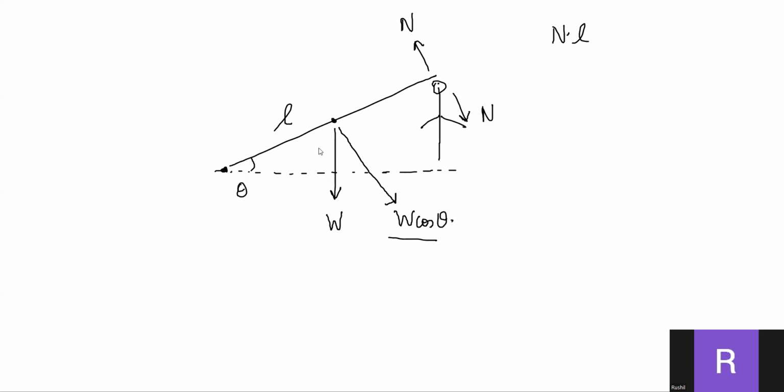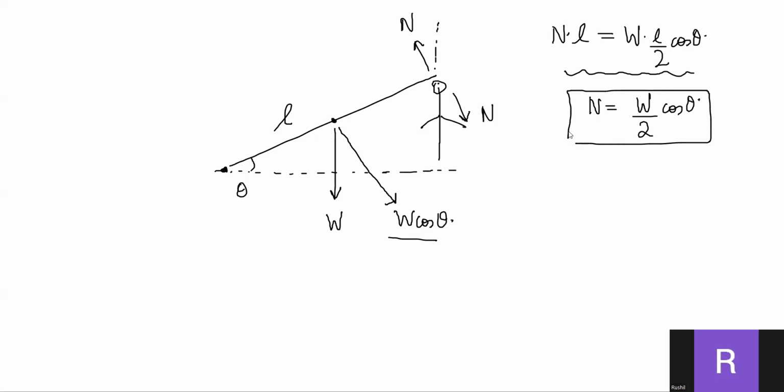Yeah. So you'll say NL should be equal to WL by 2 cos theta, and the force balance should also happen. So, okay, from here only we are getting N is equal to W by 2 cos theta. Yeah, but that's not an option.